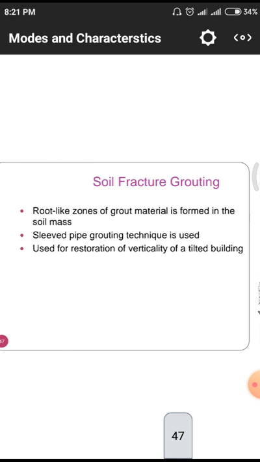Those voids we have to fill with the help of grouting techniques, and we have to stabilize the earth. Root-like zones of growth material are formed in the soil mass. This is because of the presence of greenery.